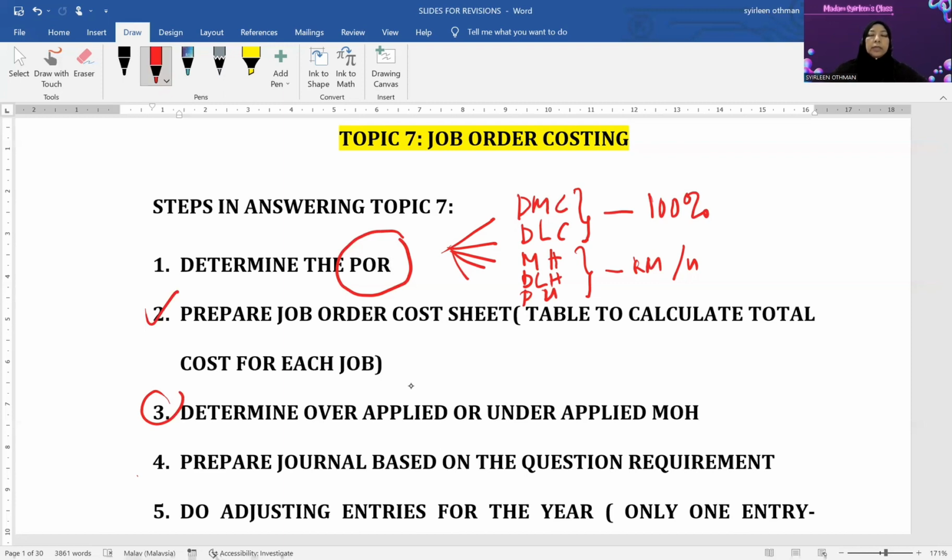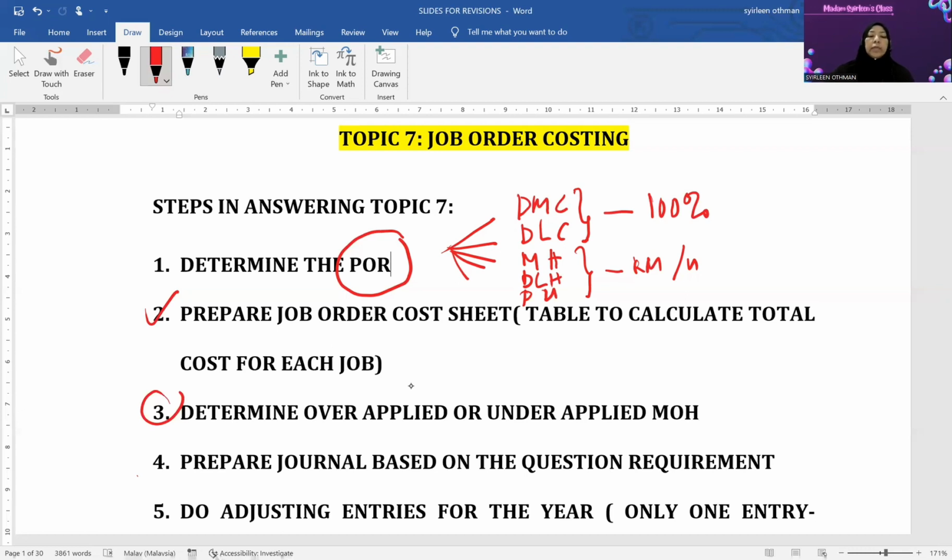Over applied MOH is when your actual MOH is smaller than your applied MOH, and vice versa. Most of the questions will ask you to prepare a journal based on the question requirement. Either we need to journalize each transaction given in the questions, or certain questions just require you to answer the adjustment part, which is the adjusting entries for the over applied or the under applied MOH.